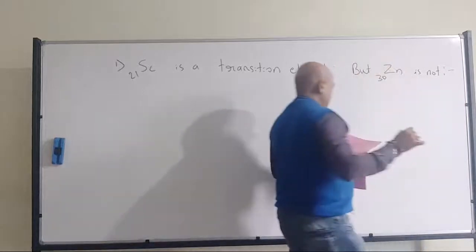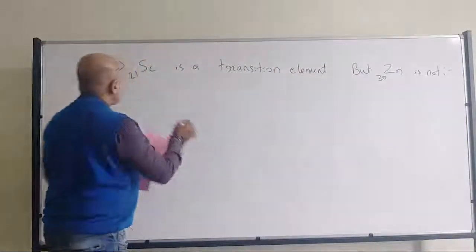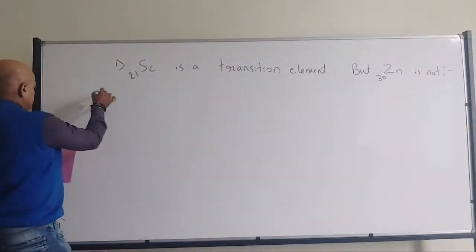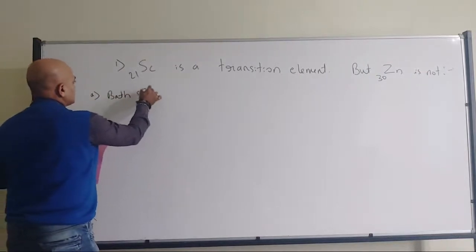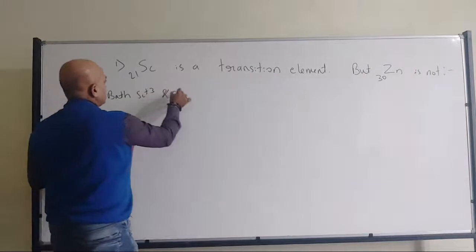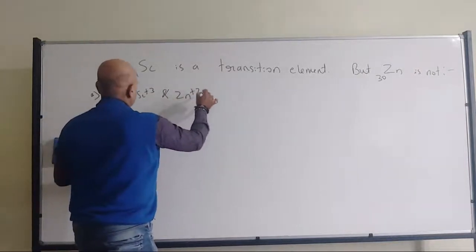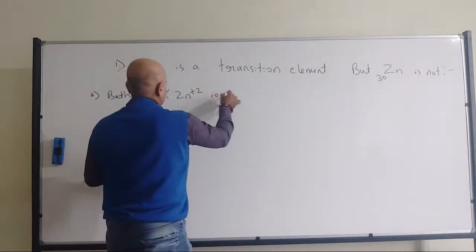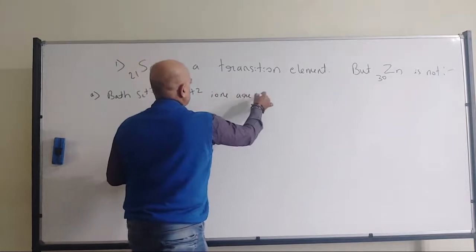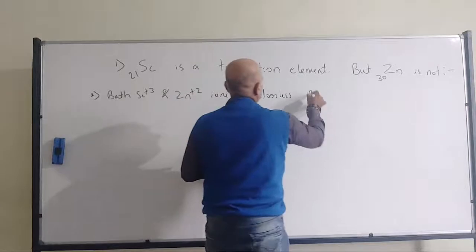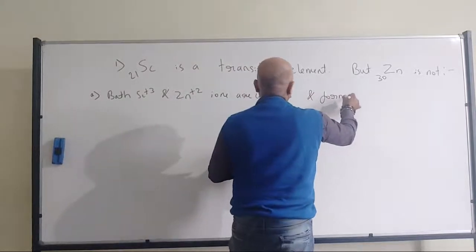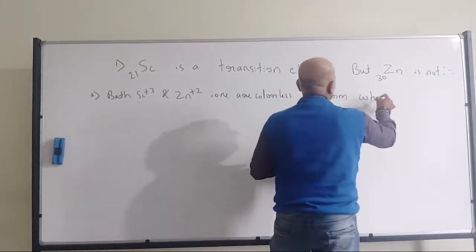So it is a CET question. The options for this one: A, both scandium and zinc ions are colorless and form white compounds.